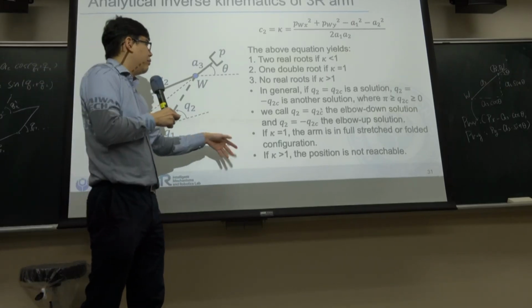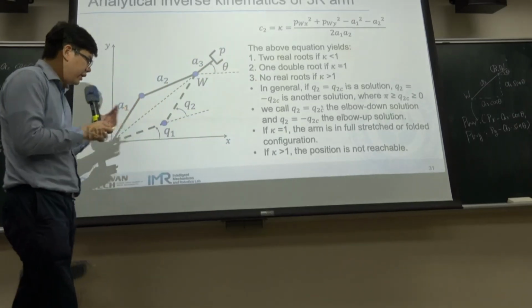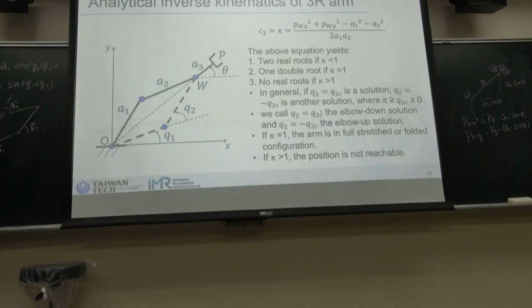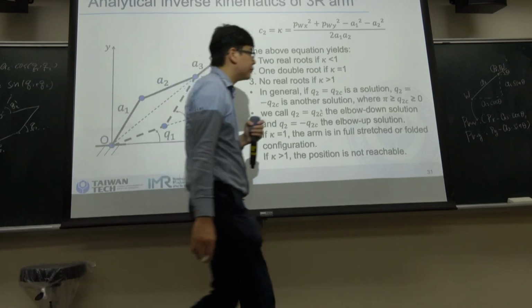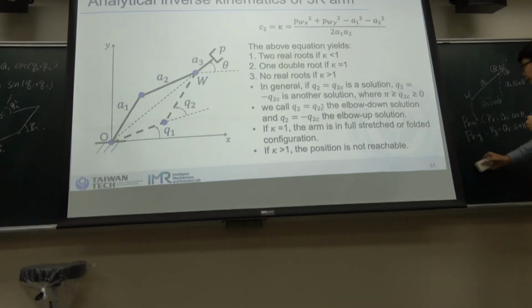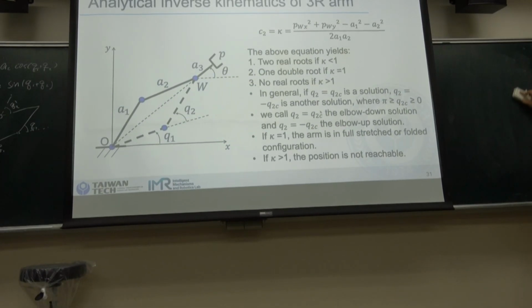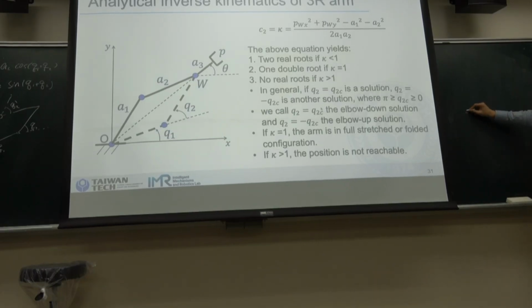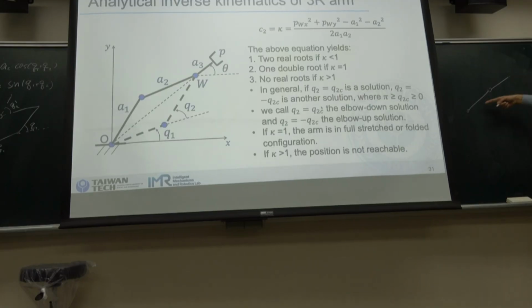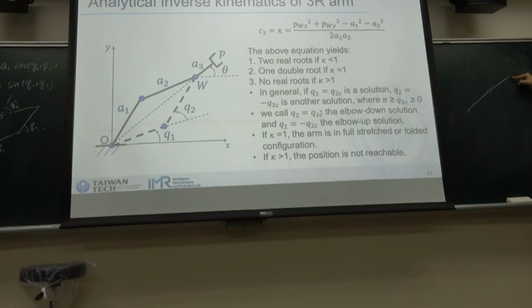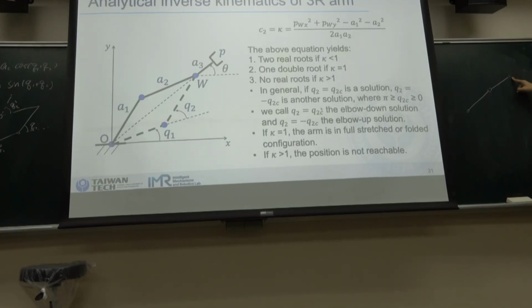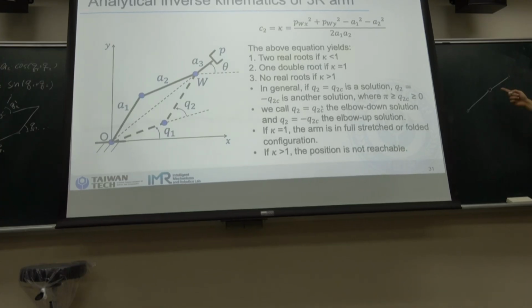So we can also see what will be happening for the solutions. If we have a two-link robot in a straight line, how many possible solutions are there to reach this point by a 2R arm?